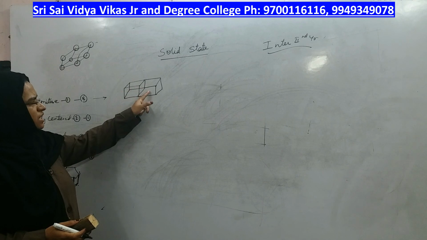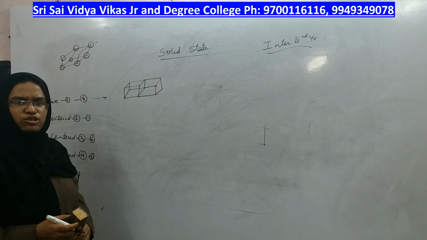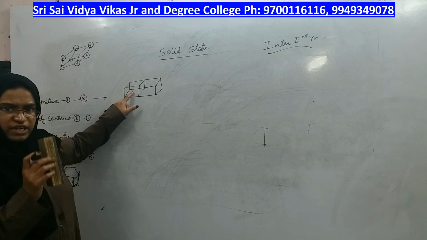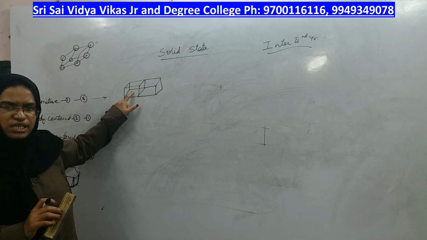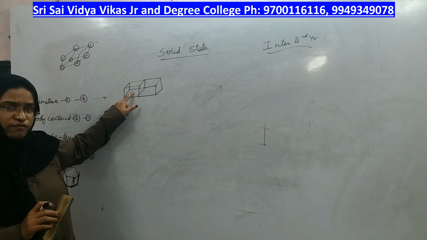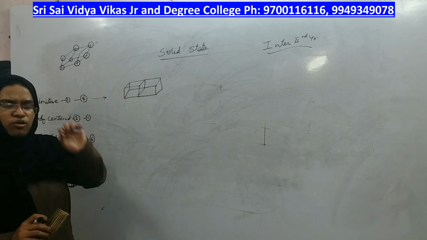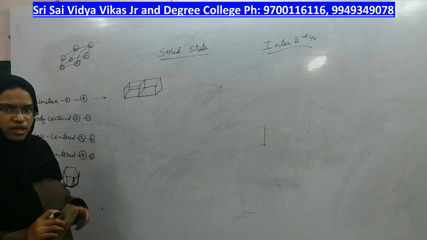One cube beside another cube beside another cube, like that so many cubes are possible. In the crystal, one cube is one unit cell, and so many unit cells are getting repeated. What you have to do? For each unit cell, calculate how many atoms are possible.